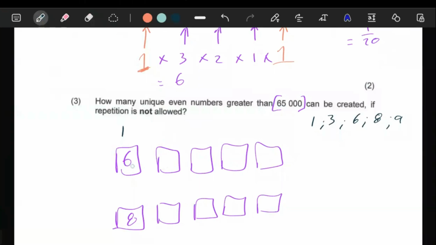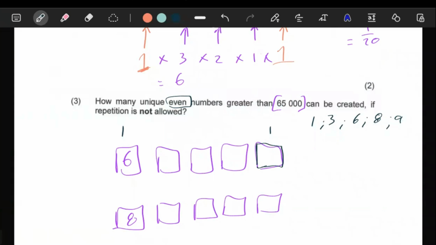The moment it starts with a 6, the other restriction is it has to be an even number. So for it to be an even number, you have to consider what this last position is first before you worry about these here. So for it to be even, the last position can only be an 8 because 6 is used up, 9 is not even, 3 is not even, 1 is not even. So the last slot here, there's also only one option, which is the 8.